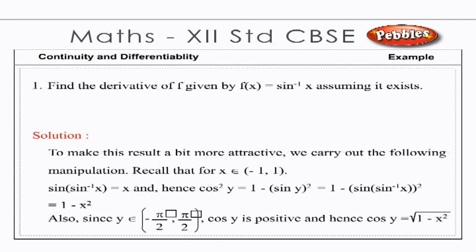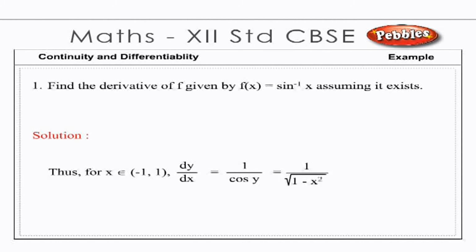Also, since y belongs to (-π/2, π/2), cos y is positive and hence cos y = √(1 - x²). Thus, for x belongs to (-1, 1), dy/dx = 1/cos y = 1/√(1 - x²).